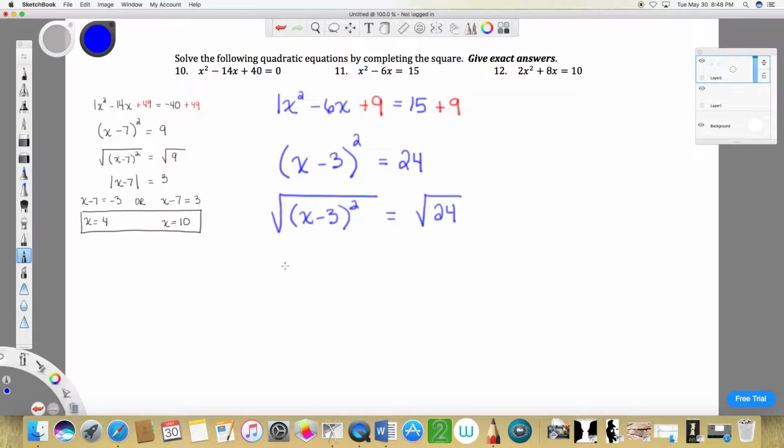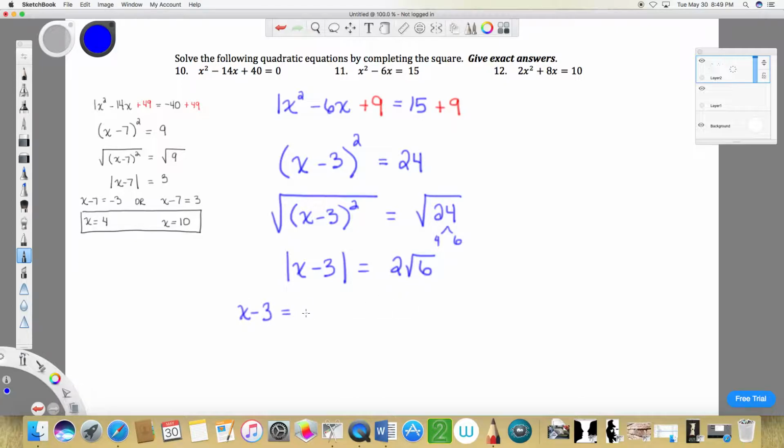Square root of a variable here results in the absolute value of x minus 3, and 24, the biggest perfect square that divides 24 is 4, and the square root of 4 is 2, and I can't simplify the square root of 6. So this splits into two equations.